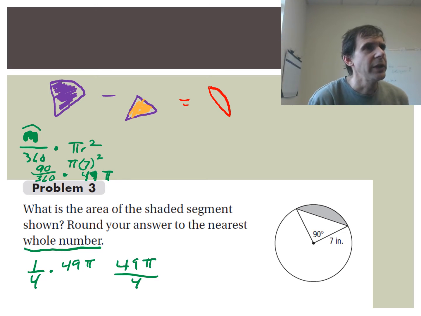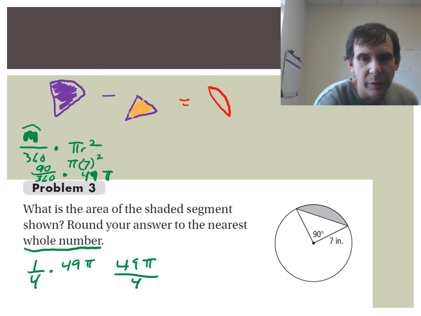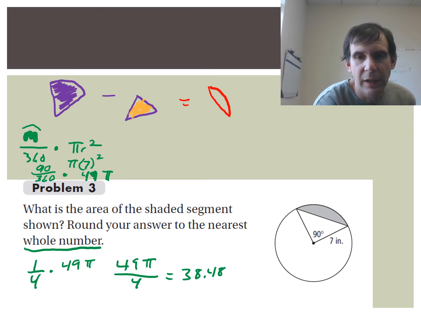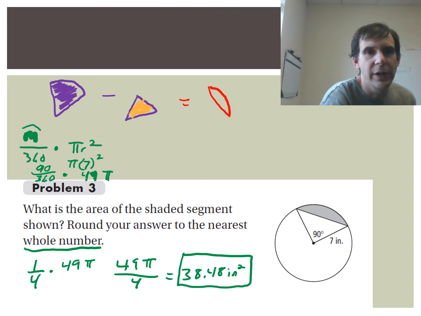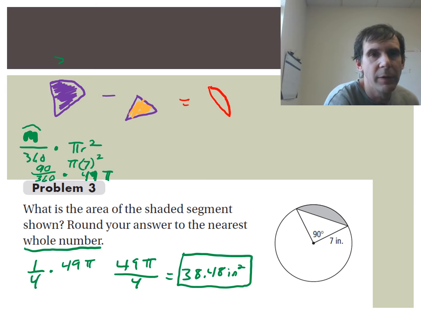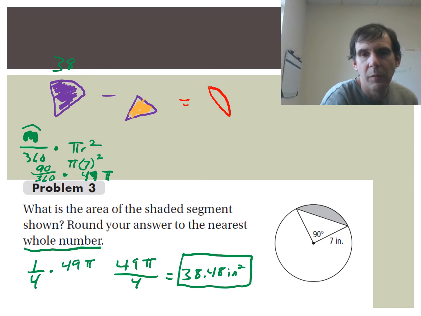So I'm going to go 38.48. So that's going to be 38.48 inches squared. So this is the sector. Let's draw that right up here, 38.48, and that is square inches.